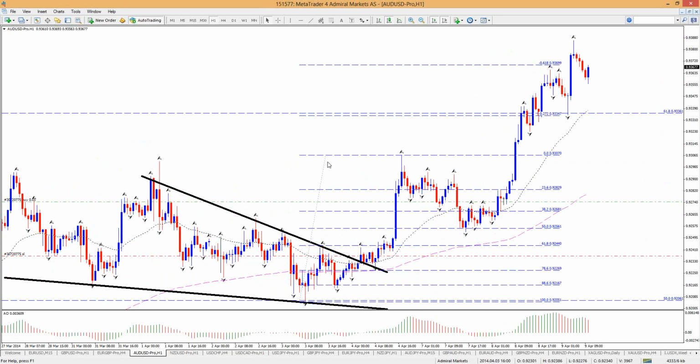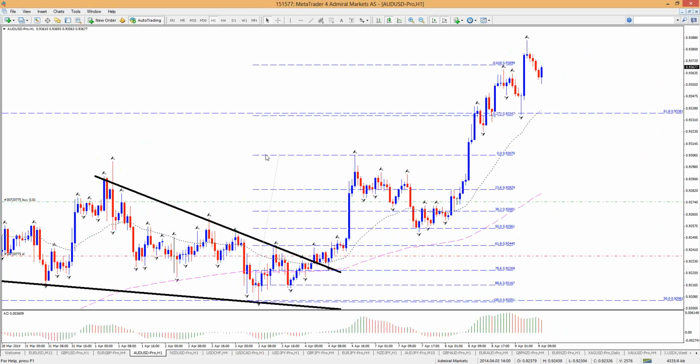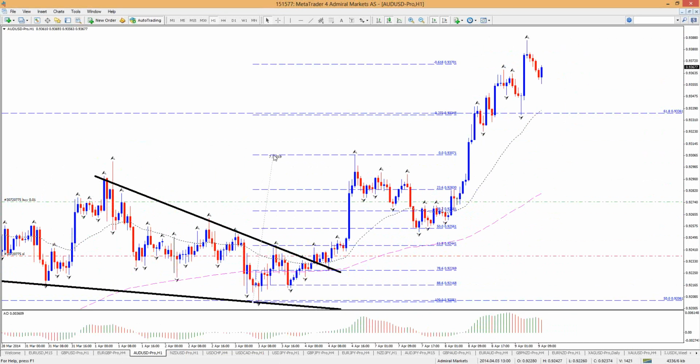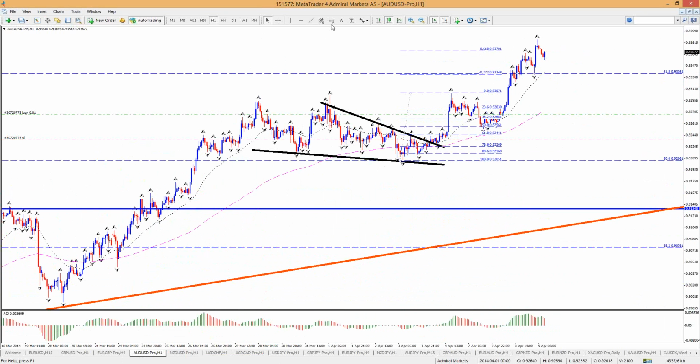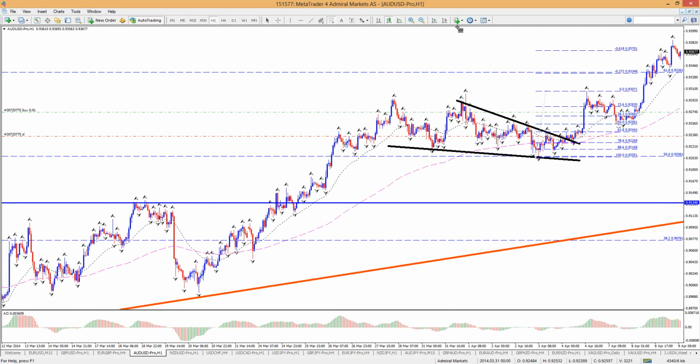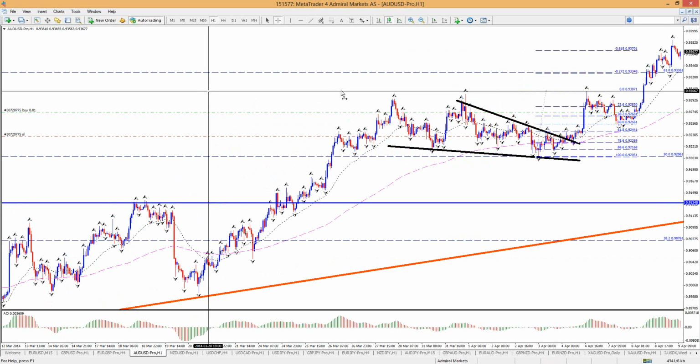Let's see, the AUDUSD. On this hourly chart, you want to go back to a bottom where you know price is starting with a new fib.